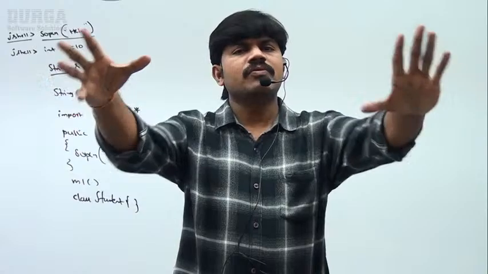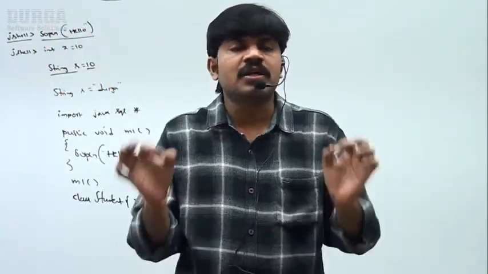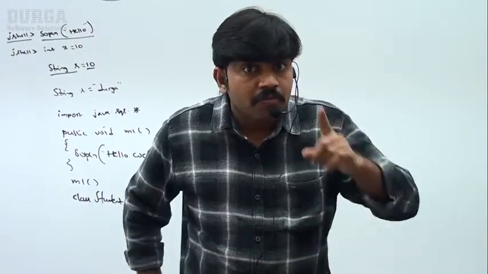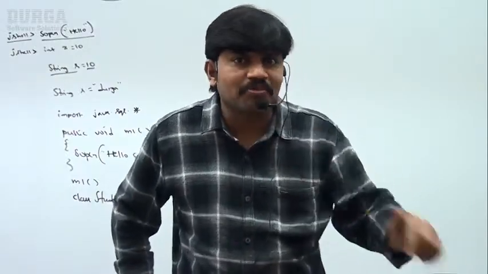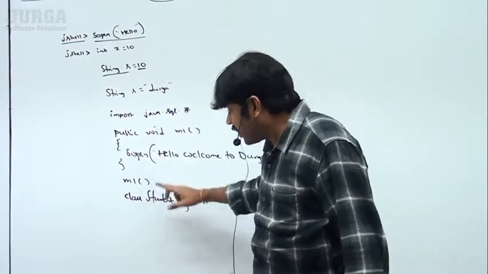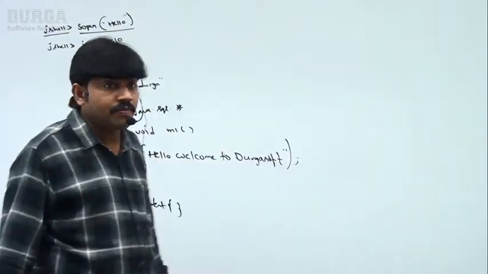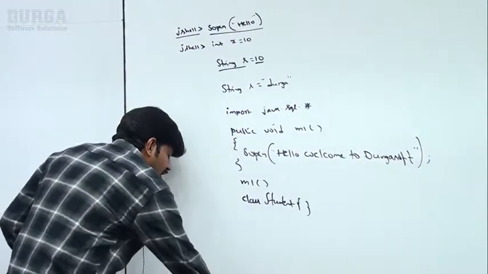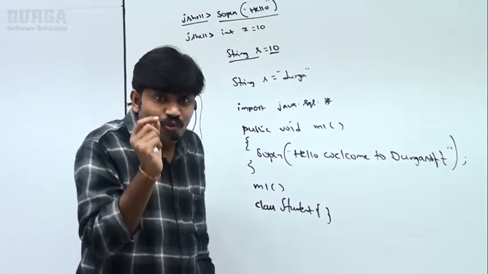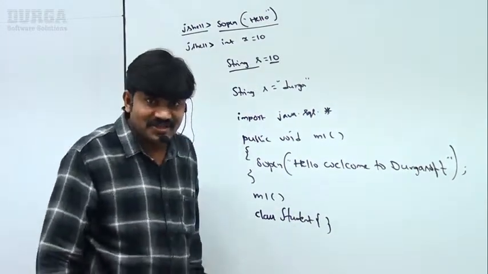Anything allowed in Java is by default considered a valid snippet in JShell. But one important point: you can take import statements, classes, methods, and variable declarations, but in JShell only one thing is not allowed. What is that? The package statement.